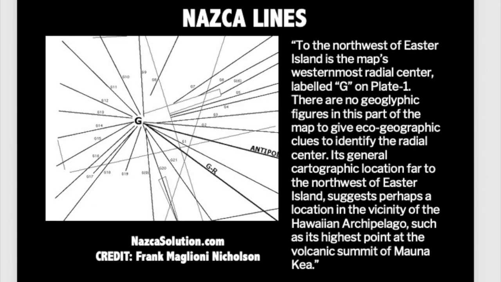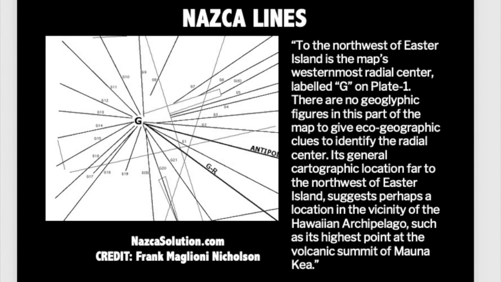So this is what Frank says about G. To the northwest of Easter Island is the map's westernmost radial center, labeled G on plate 1. There are no geographic or geoglyphic figures in this part of the map to give ecogeographic clues to identify the radial center.